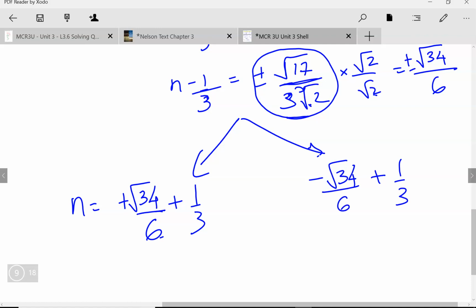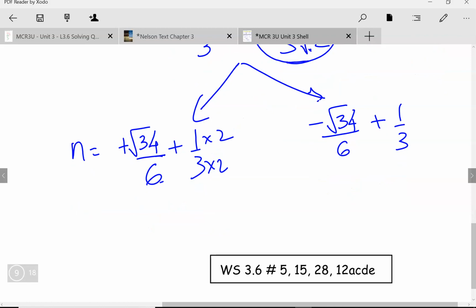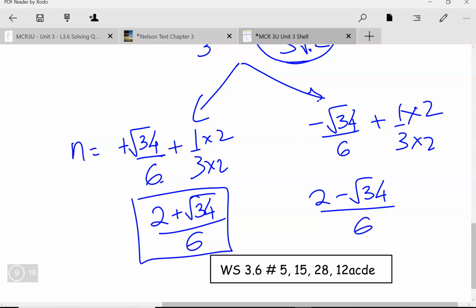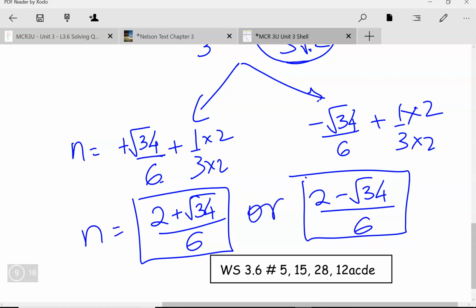Now, I guess you could take a common denominator and say this is 2 plus root 34 over 6. Actually, you should. And this again is times 2. So this is 2 minus root 34 divided by 6. So these are our two answers. This is our n equals this or that.